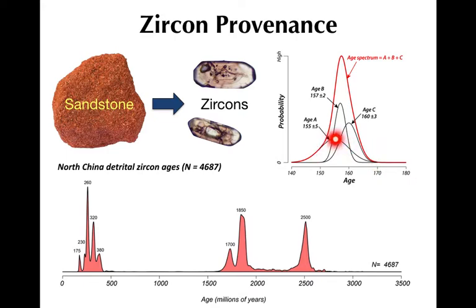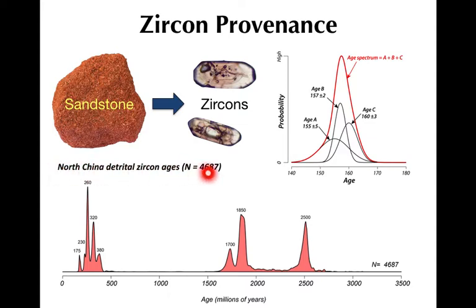So here has a wide error, here has a narrow error, and then here has an error in between. And if you take these three independent ages and you just add up these curves, then you get an age spectrum curve, a sum curve for all of these, A plus B plus C. And that's essentially all this is for 4,687 independent curves.